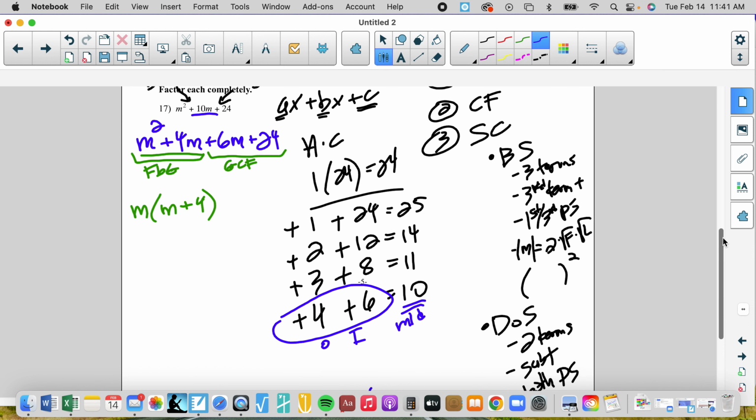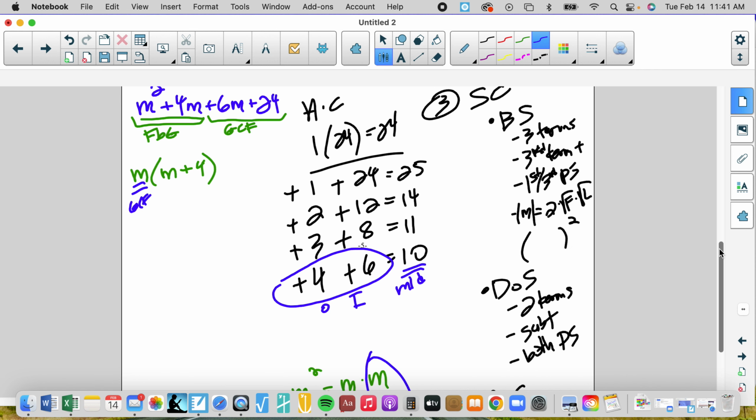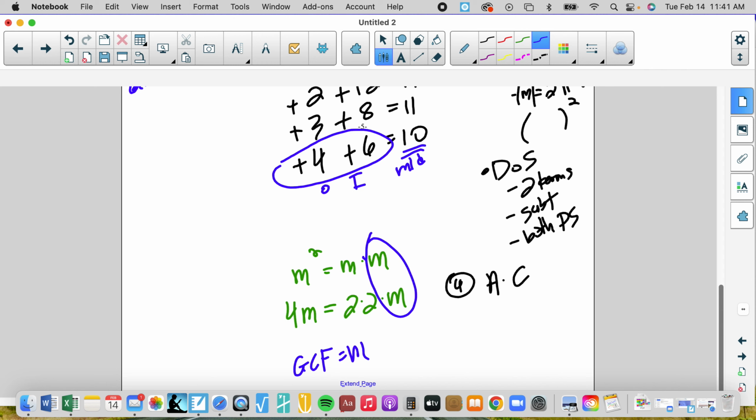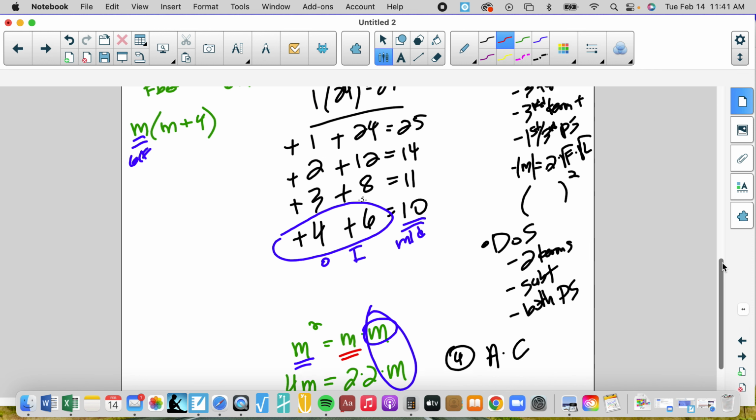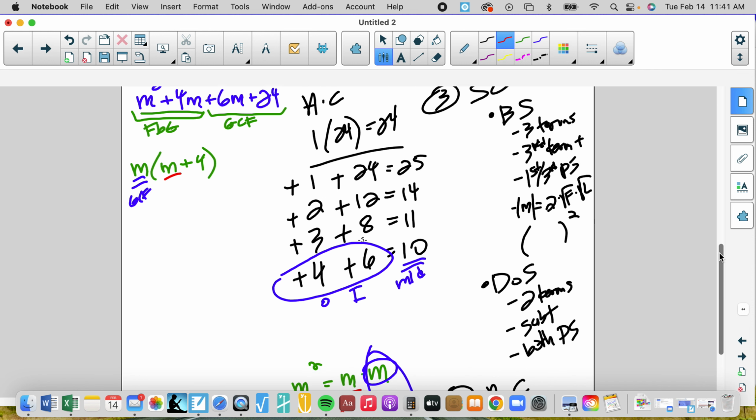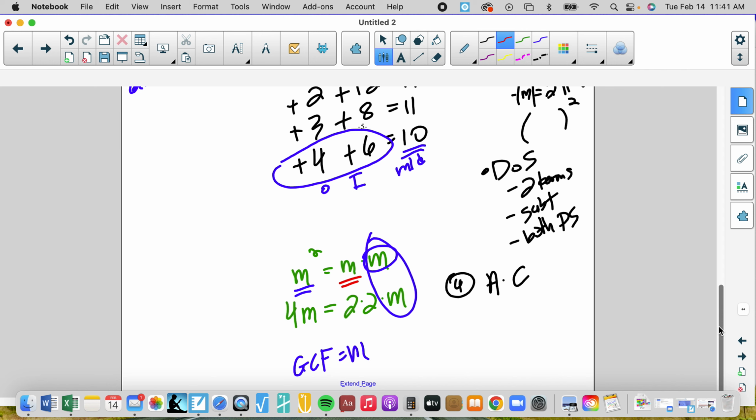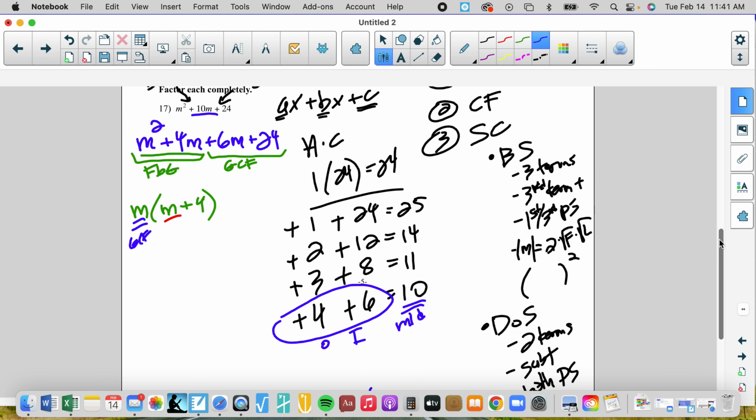That's how I got this value right here. That's my GCF. And if I take an m out of m squared, what is left? An m. That's where I got this value from. And if I factor an m from 4m, notice what I have left: 2 times 2, which is 4.